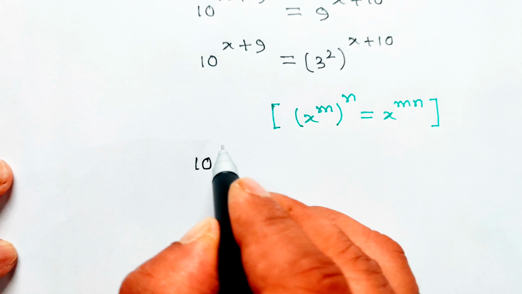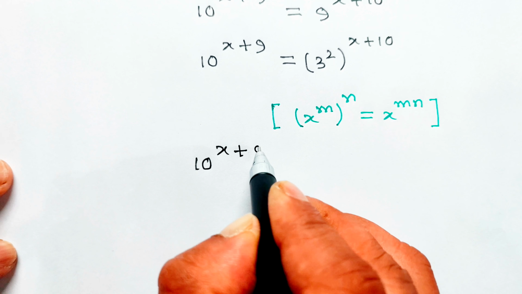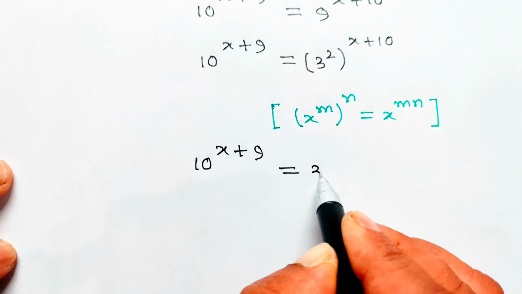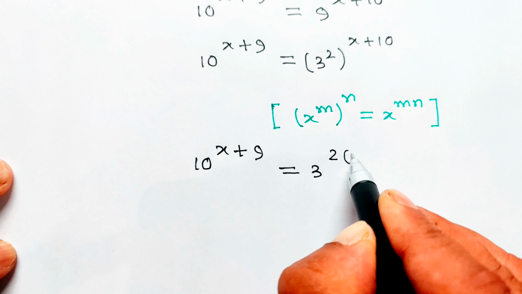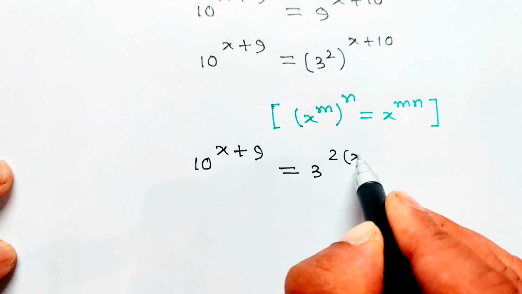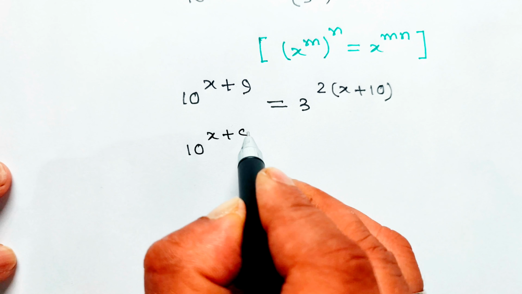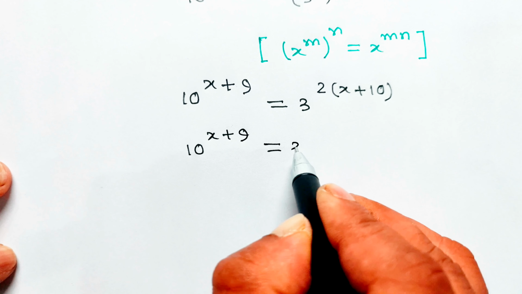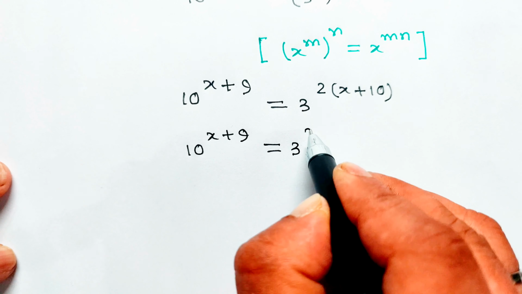Then 10 to the power x plus 9 equal 3 to the power 2 into x plus 10. 10 to the power x plus 9 equal 3 to the power 2x plus 20.